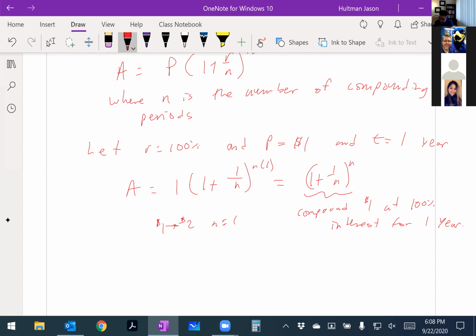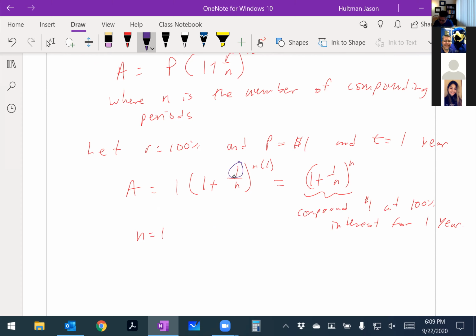Well, let's do it backwards here. If I plug in n is equal to 1, then that just means that I will have doubled my money. Why doubling my money? Because I will have increased my amount by 100%, right? That's what that 1 up top here means. This 1 here means that I'm increasing by 100% for the year.